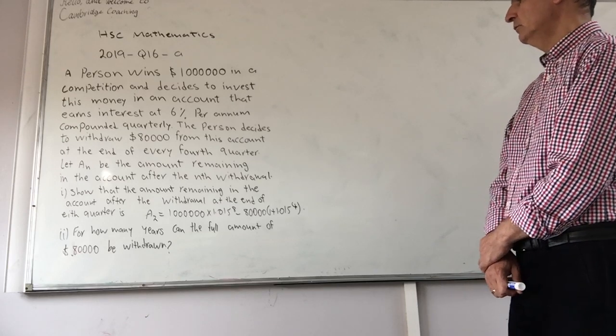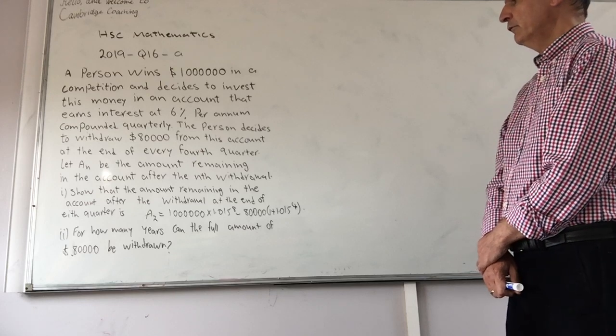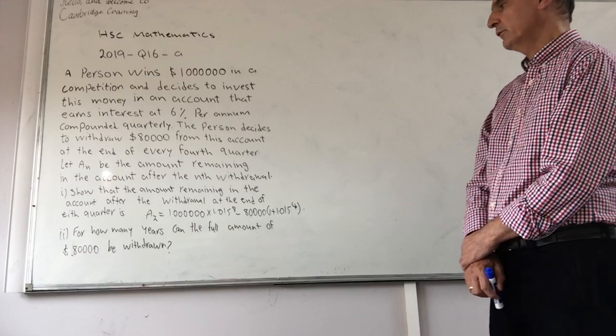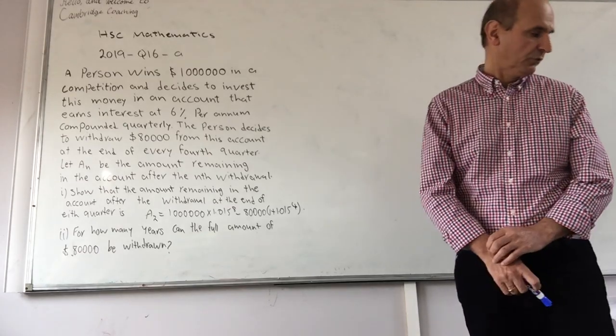And part II, for how many years can the full amount of $80,000 be withdrawn?